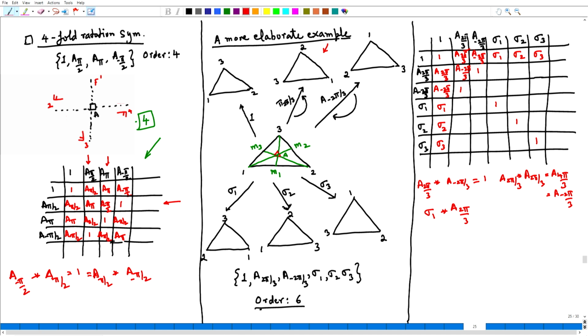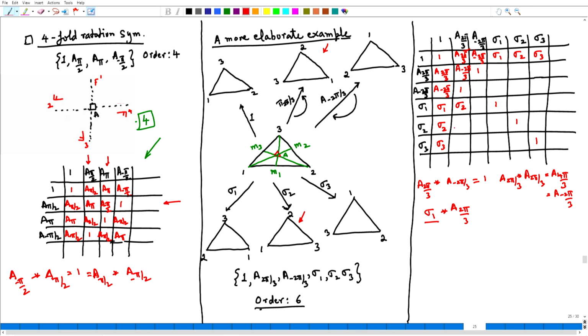Now, in this I am applying the operation sigma 1. So, what will happen? 1 and 3 will get flipped, while 2 will remain where it is. So, instead of 2 3 1 it becomes 2 1 3. Let us look at where my 2 1 3 diagram is there, and you will see that here is my diagram which perfectly matches this, which means that this should be sigma 2.